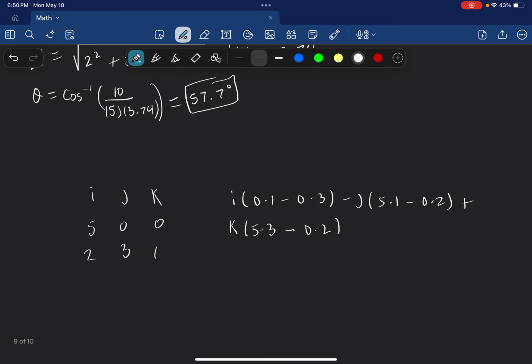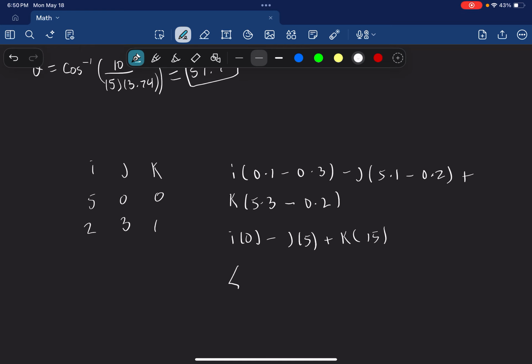So our I would be equal to 0, our J would be 5, and K is 15. So we'd have 0, -5 since we have a negative sign right there, and 15.